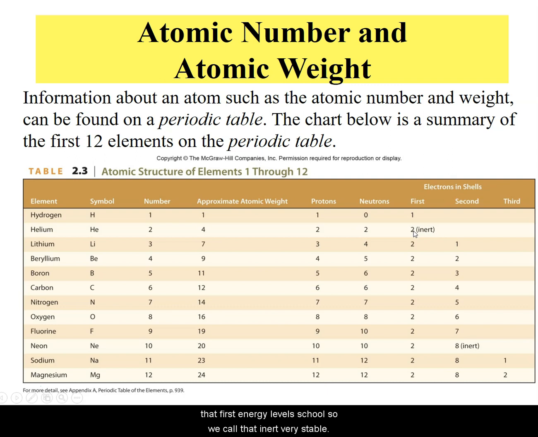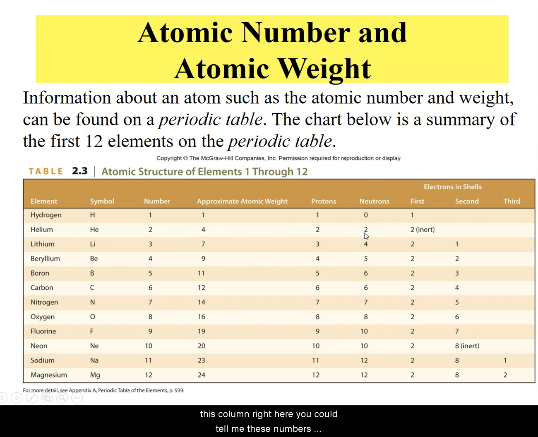That first energy level's full, so we call that inert, very stable. And it's also going to be very difficult or impossible to form a bond between this helium atom and another atom because its outer valence shell is full. Okay, its atomic mass is 4, so we have 2 protons and 2 neutrons.